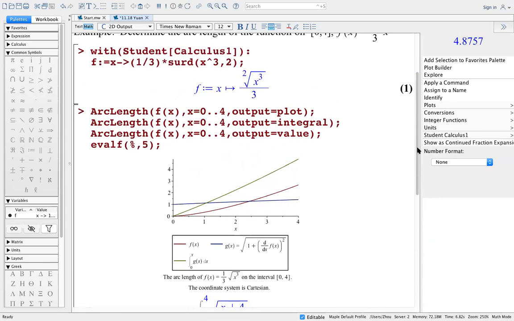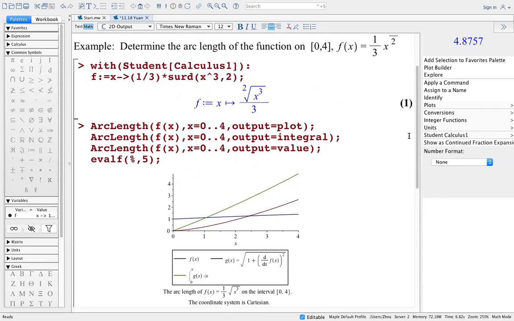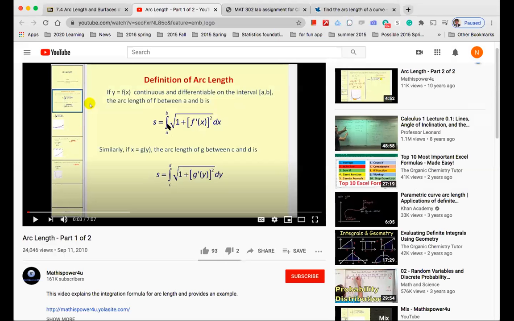Sometimes you may say, I don't want to do it with the Arclength command; I want to use the formula and see if I can get the same thing. You can also do it like we did earlier. Let's go back to the formula one more time. The formula is integration from a to b, under the square root of 1 plus the derivative of the function to the second power.